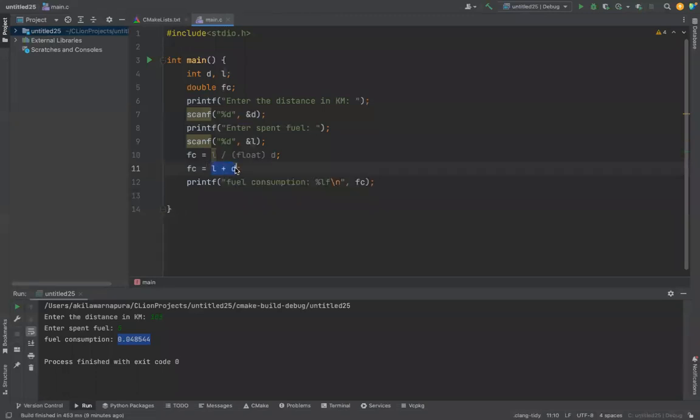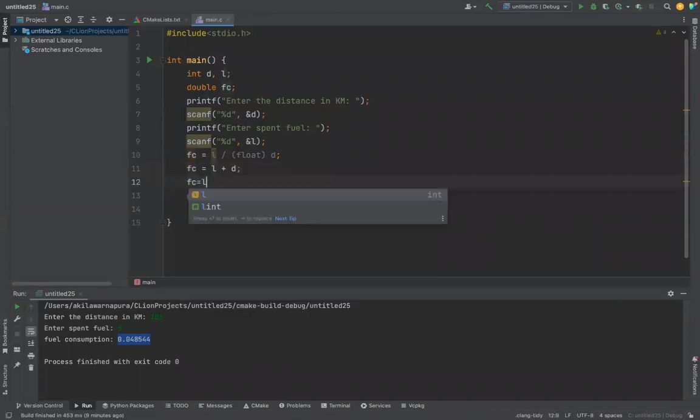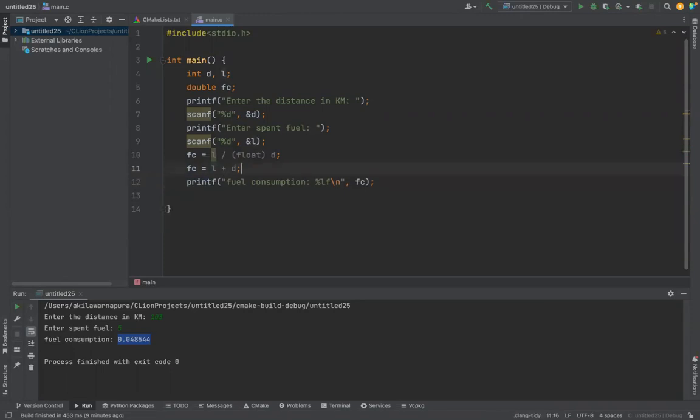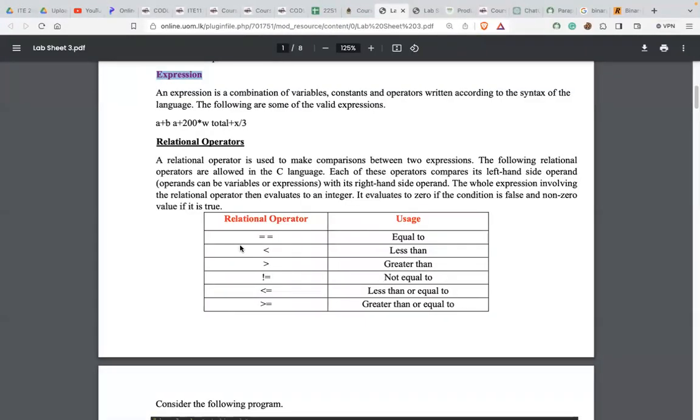Here it is an expression, because it consists of multiple variables and operators. But if you use FC equal L, then both left and right-hand sides are variables. There are no expressions.